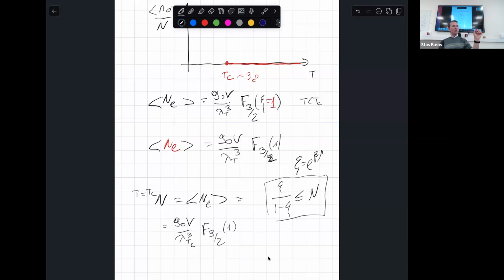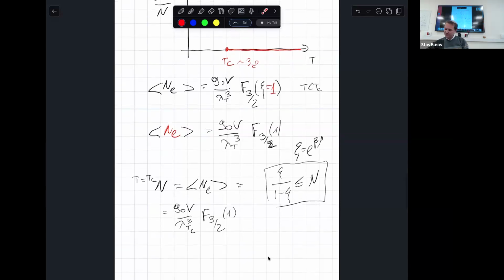Well, this is the point when fugacity approaches 1, or the chemical potential approaches the lowest level, and this function over here, which is the function of fugacity, approaches this number 2.612. That we, instead of writing 2.612, we write F3 halves of 1. Okay.